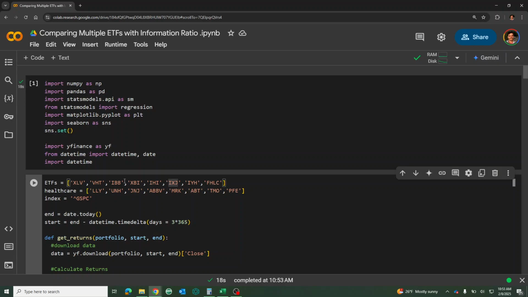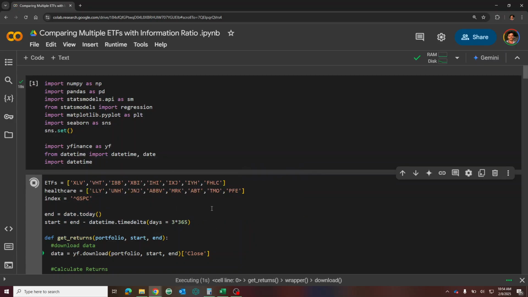So the idea here is to see which one of these ETFs gave us the most consistent returns, and we're going to compare that against our portfolio, and then visualize whether or not these sector ETFs are even beating the market.